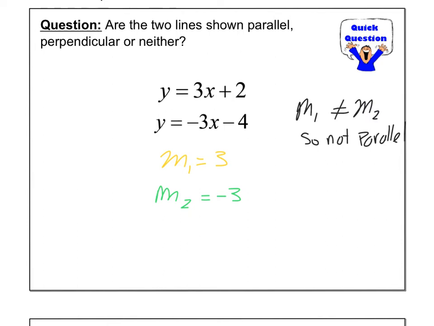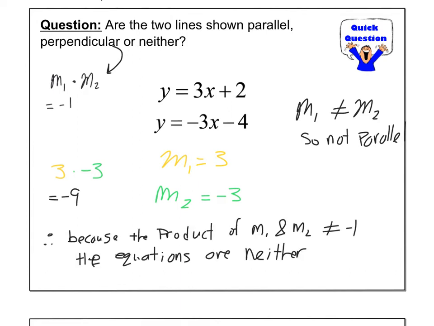If you recall, in order to prove two lines are perpendicular, their slopes are negative reciprocals of each other, which means if we take m1 and multiply it by m2, it needs to equal negative 1. I've just moved that little statement up there. What you'll notice is that 3 times negative 3 is actually equal to negative 9.